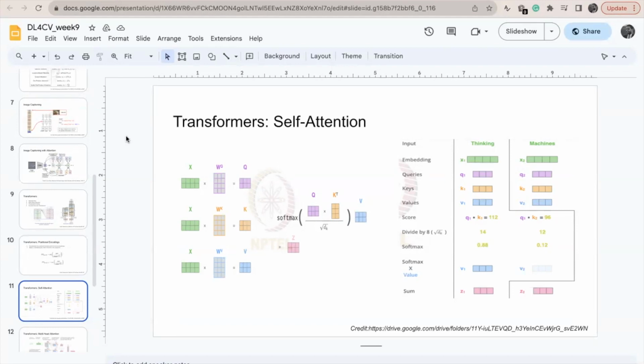Looking at that word only, we can tell it is told by Daenerys Targaryen. We don't even need to look at the whole sentence, right? So that is called attention. Which part of the sentence or which part of the image we attend to before making a prediction.